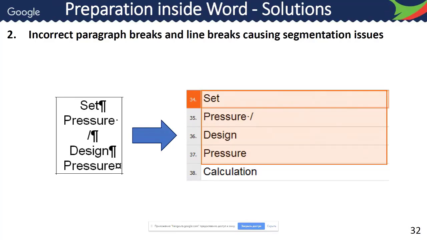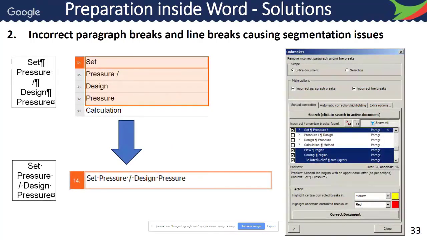Also, when you export the final document, these excessive breaks will cause formatting problems, and you will need to delete them manually. Unbreaker is a special tool that finds these breaks and presents their list to you, and you can decide whether to remove them or not. The process only takes a minute for a medium-sized document, and you save a lot of time.